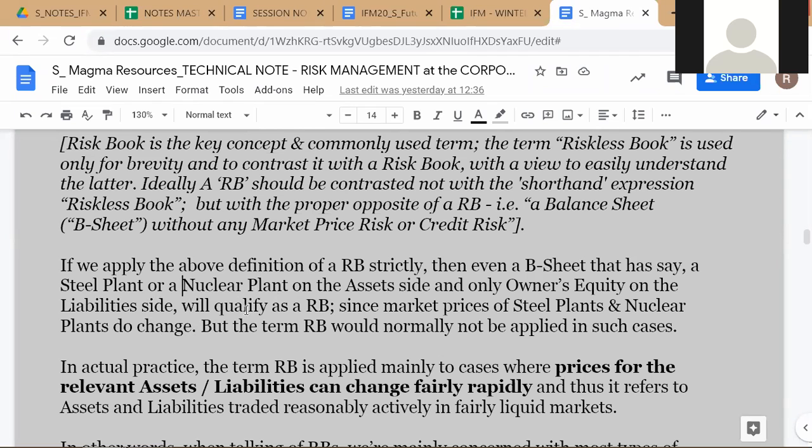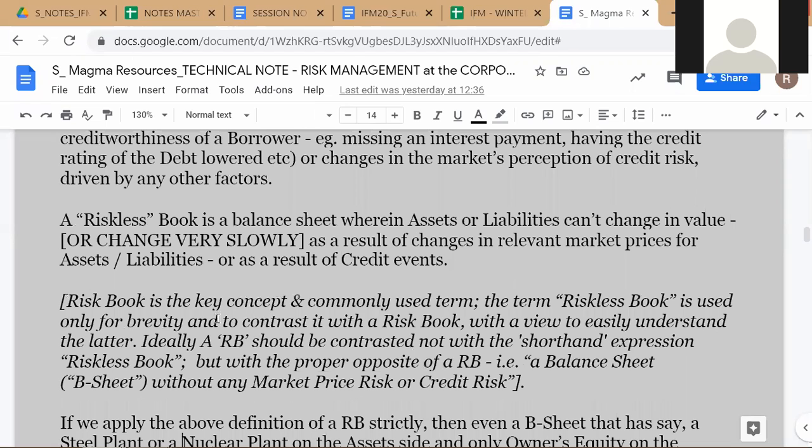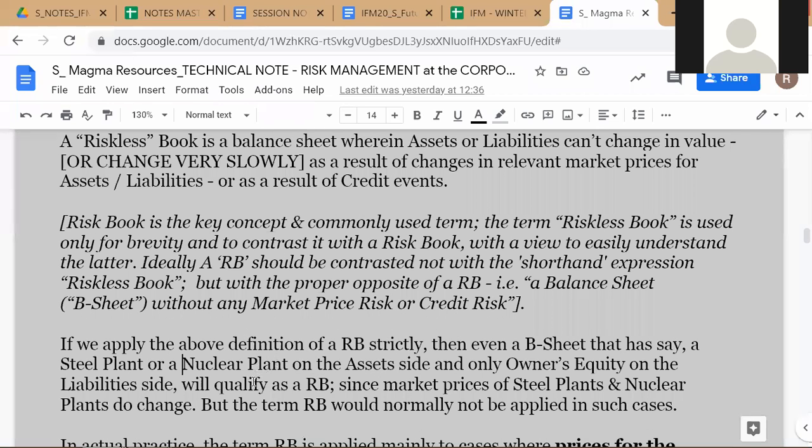The point is, when I say risk book, technically, since a nuclear plant can also change in value, if you look at Westinghouse's balance sheet, you could say this is a risk book, because the nuclear plant, strictly speaking, can also change in value.